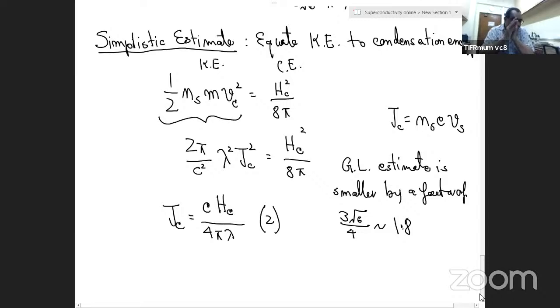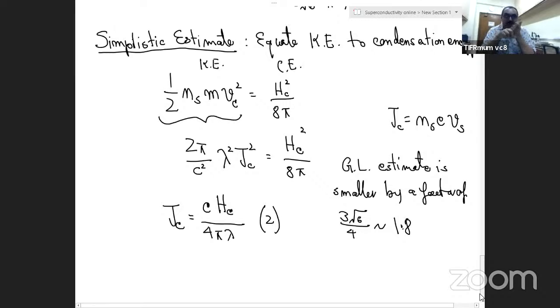Look, to understand what is happening, you have to think of the problem physically. When you are passing a current, the current is also suppressing the order parameter.